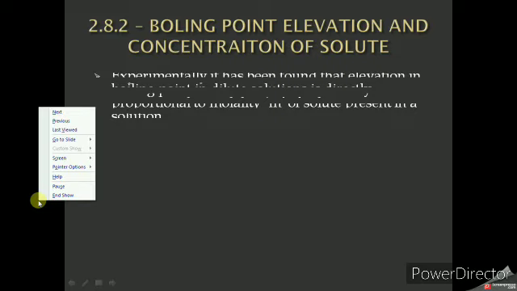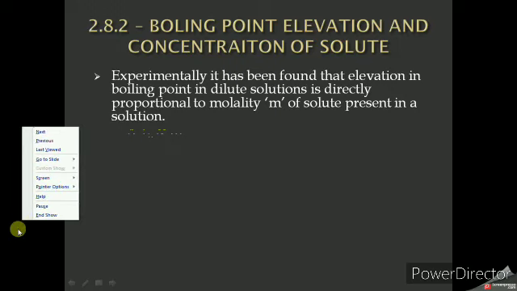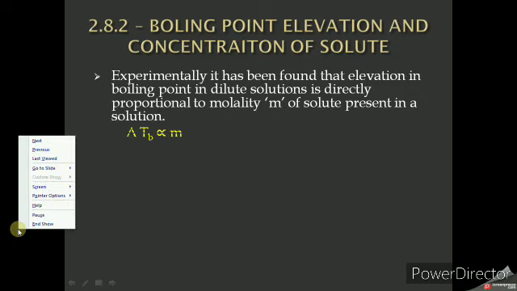Then the next one is boiling point elevation and concentration of solute. Experimentally it has been found that the elevation in boiling point in a dilute solution is directly proportional to the molality, not molarity, of the solute present in the solution. Molality is denoted by small m, and molarity is denoted by capital M. All of you must know the difference between molality and molarity.